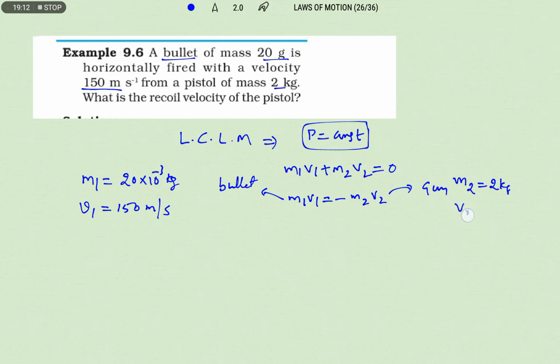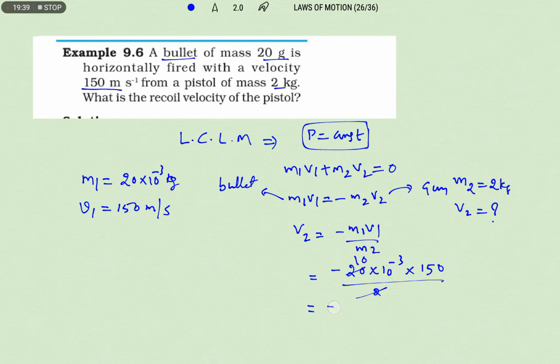They are asking what is the recoil speed of the gun, so our aim is to find v2. So v2 equals minus m1 v1 by m2. So minus 20 into 10 power of minus 3 into v1, 150, by 2. So 10.